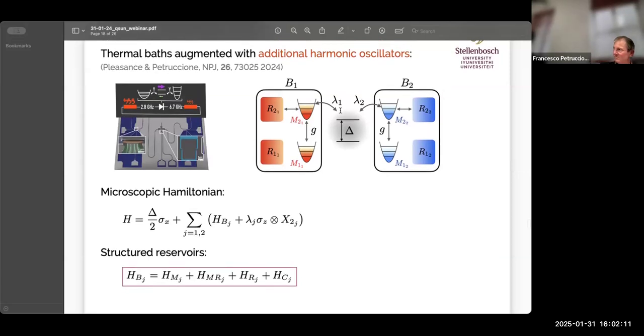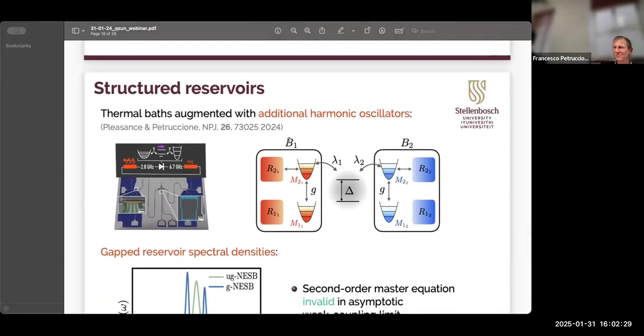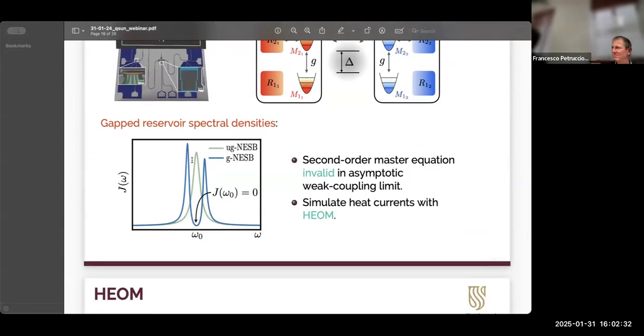This represents an extension of the basic non-equilibrium spin-boson model, in the sense that your system interacts with an ohmic reservoir, but it's now mediated through this new interface, which is these additional oscillators. So you still have an ohmic reservoir, but you have these other oscillators, and that's what produces this different, gapped effect. Specifically, this configuration of the interaction between the oscillators and the system produces this blue curve, which has a gap in its spectrum.